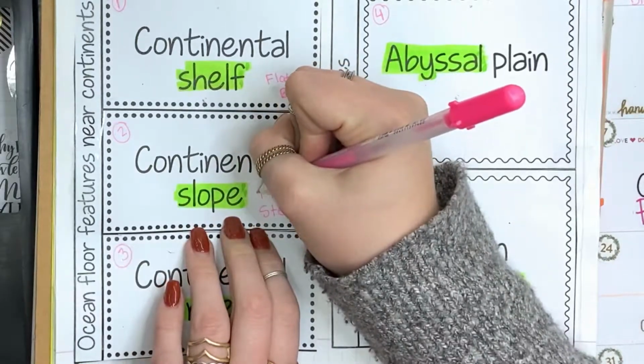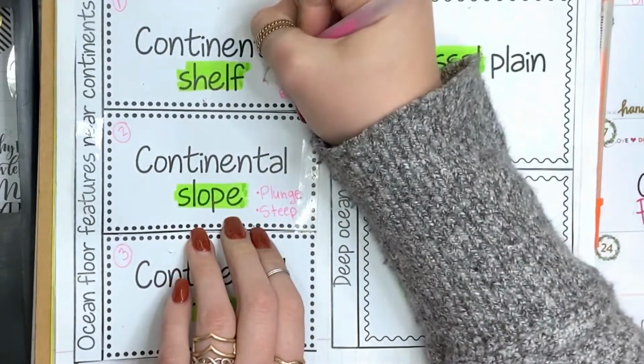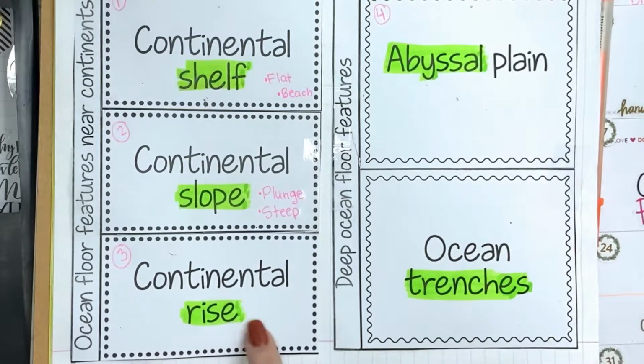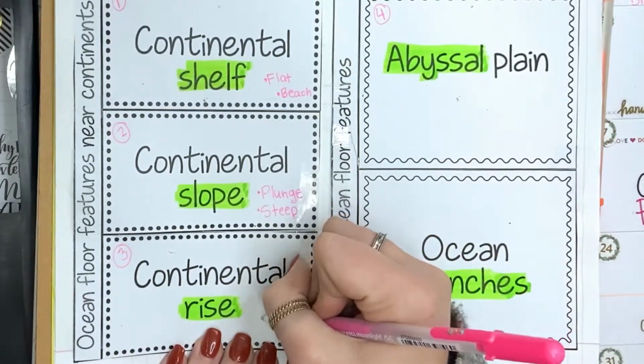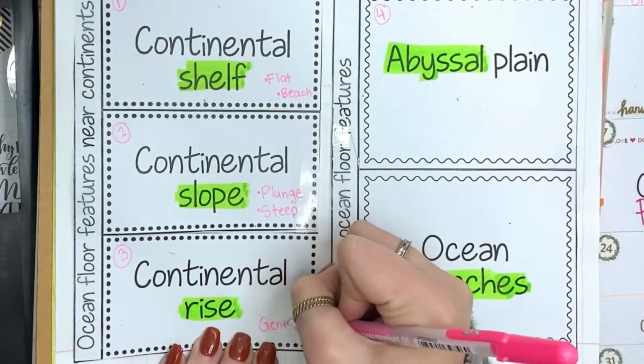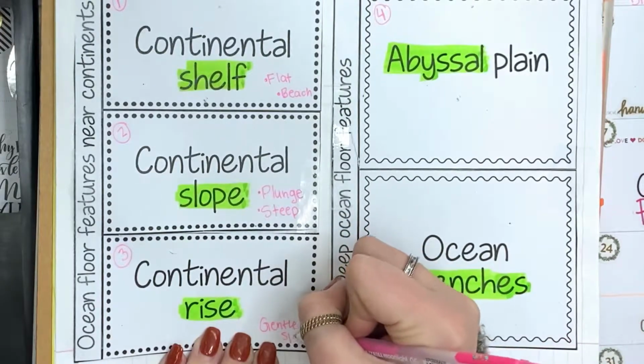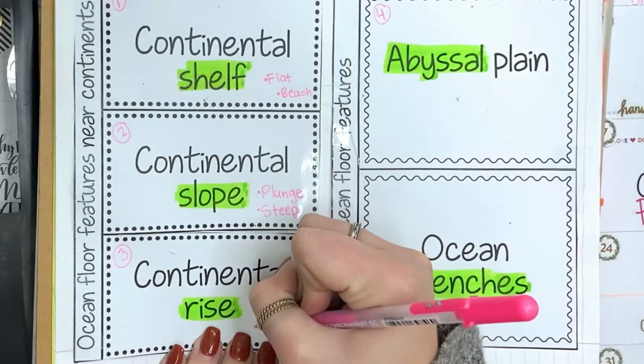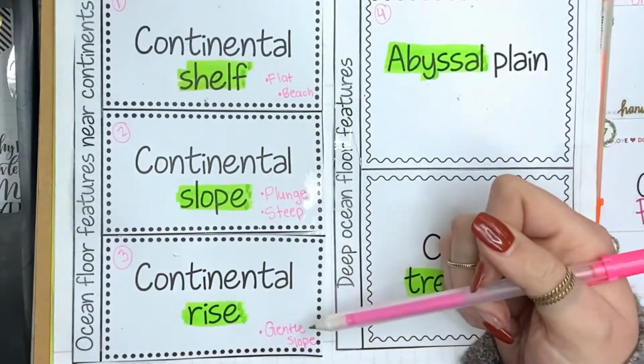I'm just going to make little bullet points here. The continental rise is a gentle slope. So that means not very steep.